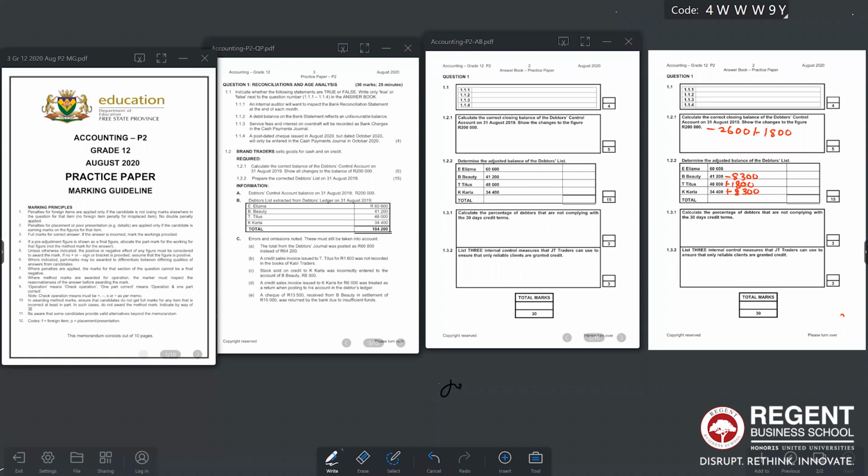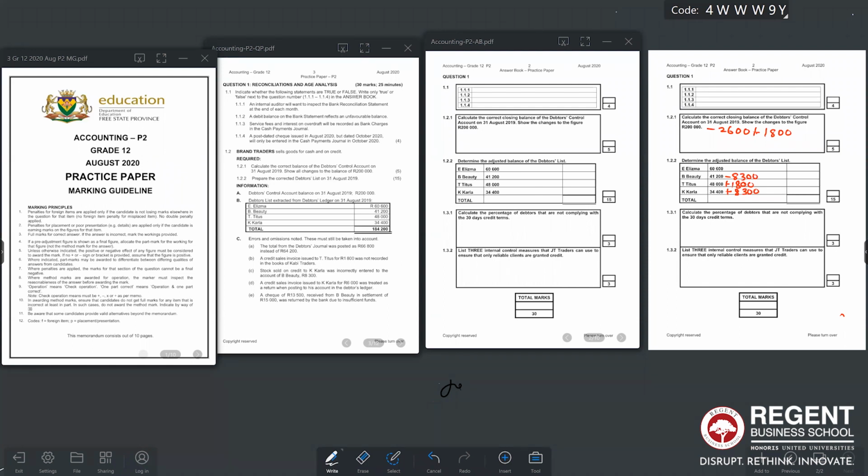Now to rectify it, if I add 6,000 to Carla, I'll only cancel the mistake. So what I now need to do is add the 6,000 and then put through the correct entry. So I will double the figure.